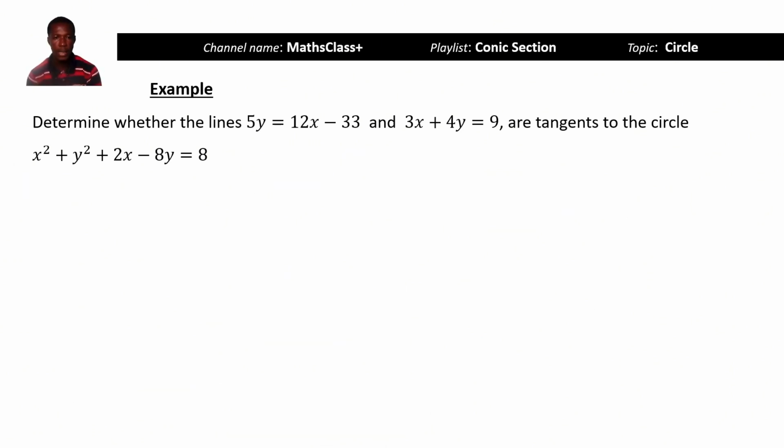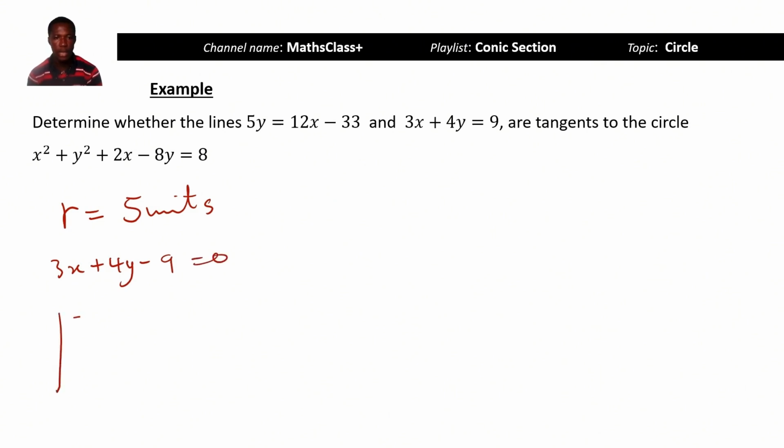Now we go ahead and test for the second line. We remember our r is 5 units. Okay, so for the second line, we are also going to have the equation as 3x plus 4y minus 9 equals 0.